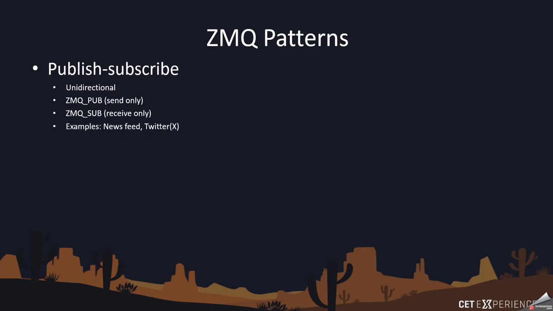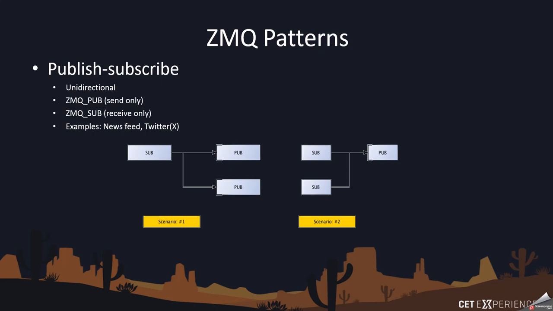A good example of this could be a news feed or an RSS feed, kind of Twitter. You could be listening to a stock ticker or something like that. But the basic idea is that you have a publisher, or it could be a bunch of publishers, and they're just spitting out information.